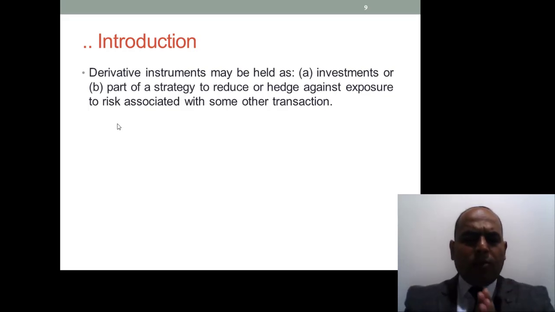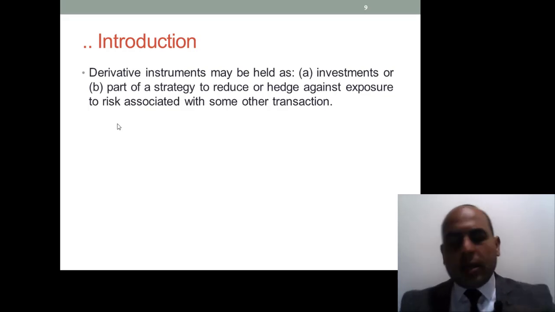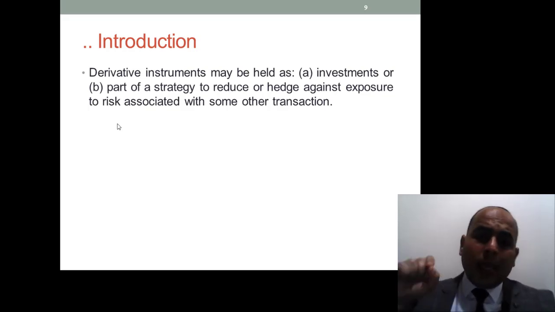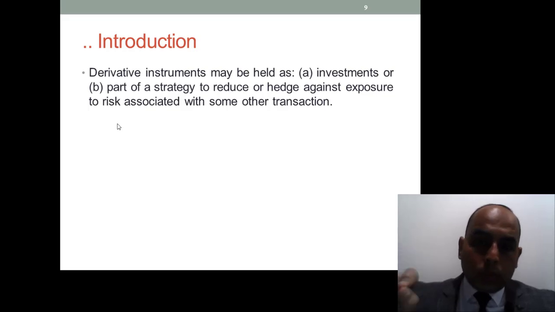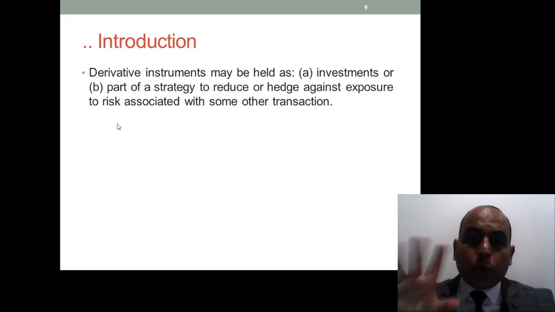Now, I have a payment in the future. For example, I have to pay $100,000 after 1 month. The point is, I fear the fluctuation in the exchange rate of the US dollar. For that, I may enter into a forward contract or futures contract or acquire an option to minimize the exposure risk.